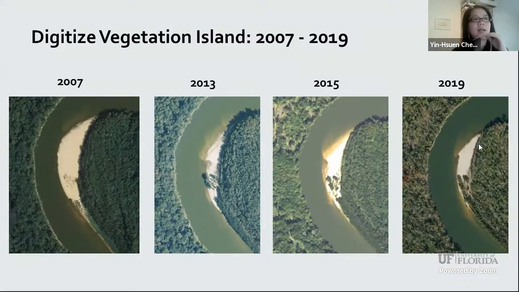So that is exactly what I said. They become the new front line of the tree lines. This is actually increasing the vegetation recovery quite a bit more than in areas with no vegetation island.